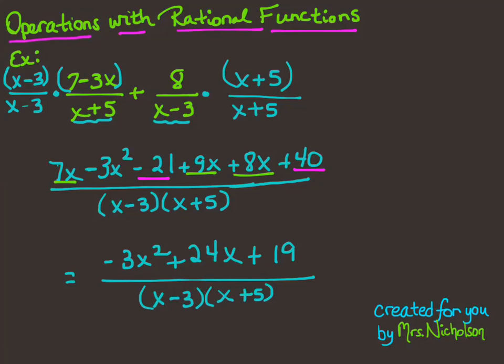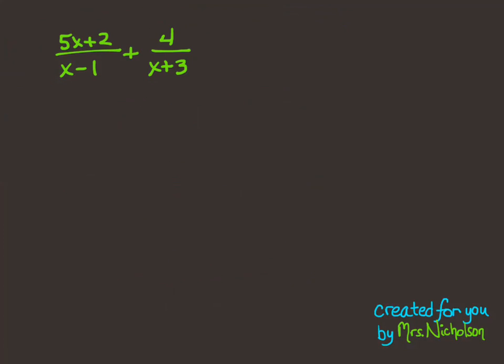Let's look at another problem like this one. If you'd like to, pause the video and take a moment to try this question on your own. Again, to start this question, we need to get a common denominator. And so I'm going to multiply each of these fractions times the denominator of the other fraction. So here on the left, we're going to multiply times x plus 3 over x plus 3.